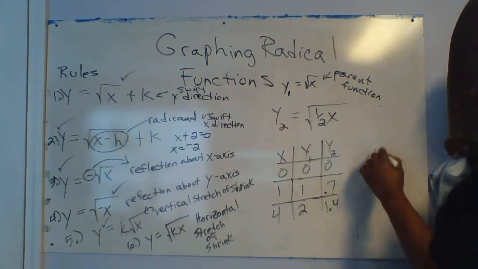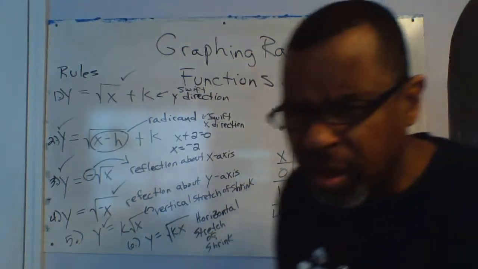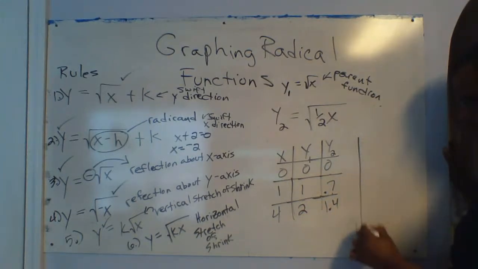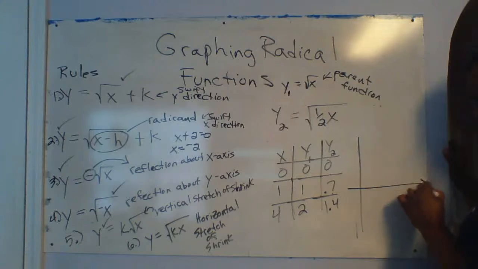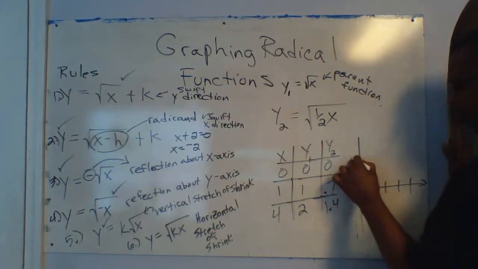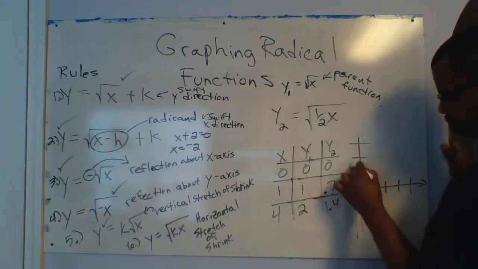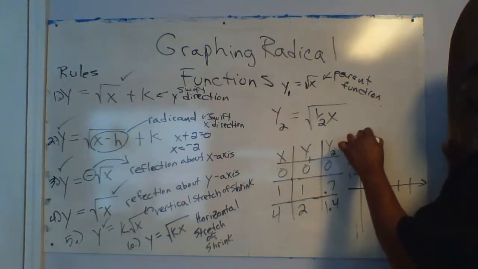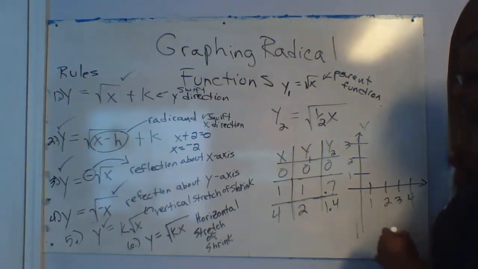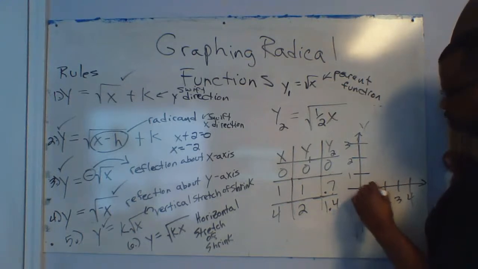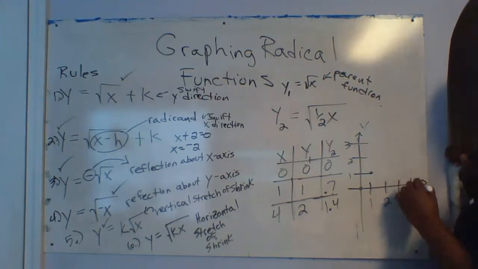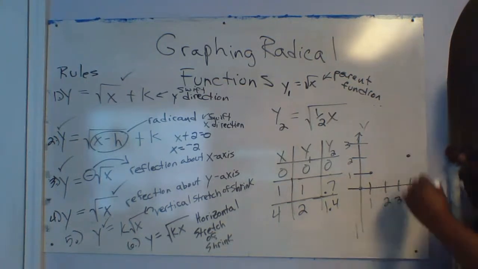All right. So now let's graph this and see what it looks like. All right, so our parent function, we have what? 0, 0, and then we have 1, 1, and we have 4.